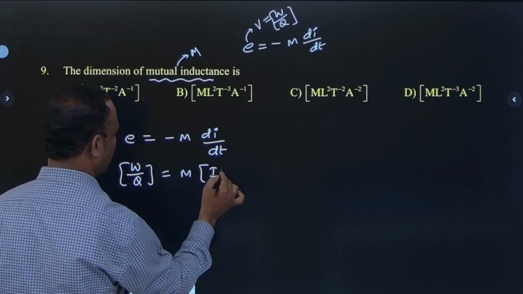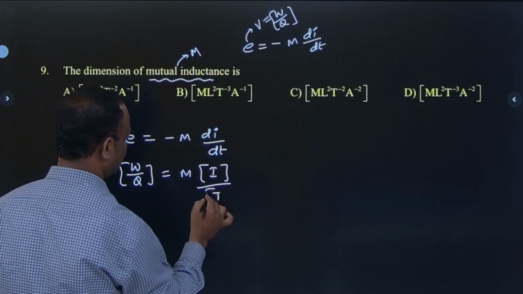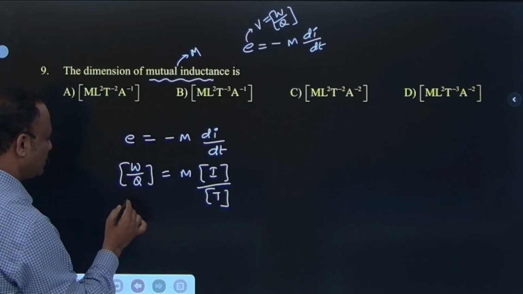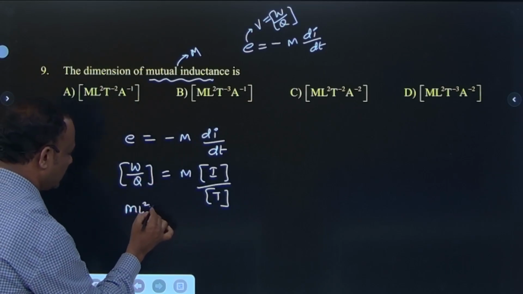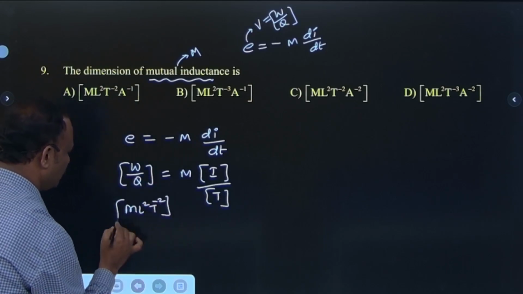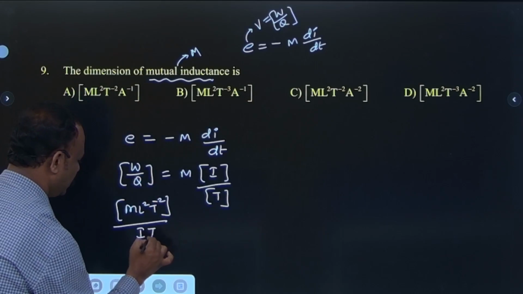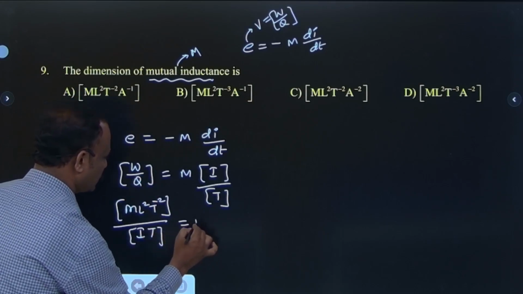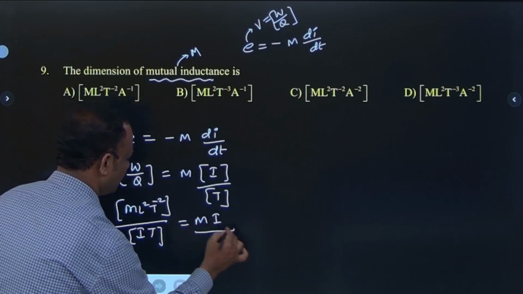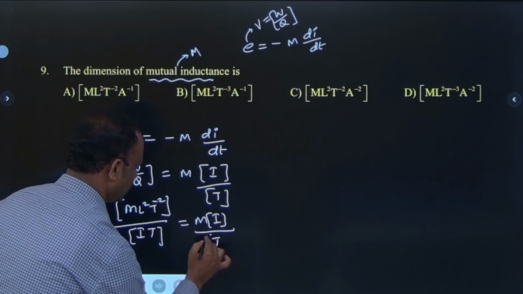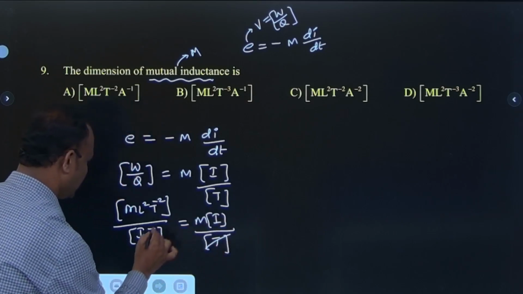Current is I, and time is T. W is ML square T minus 2. Q is IT. So this equals M I by T, and this T and T cancel.